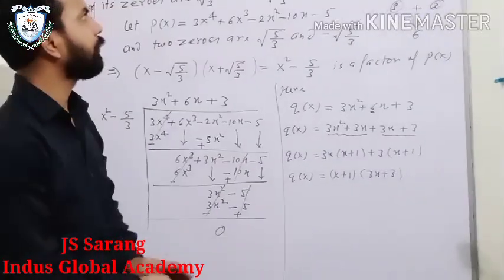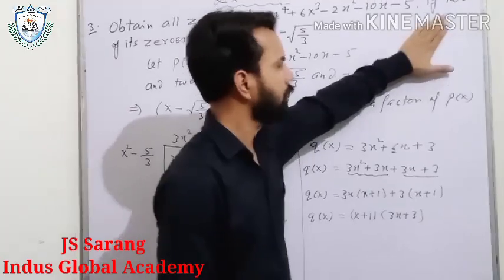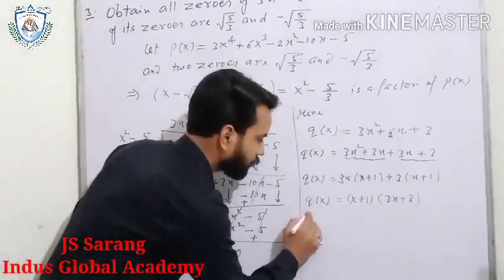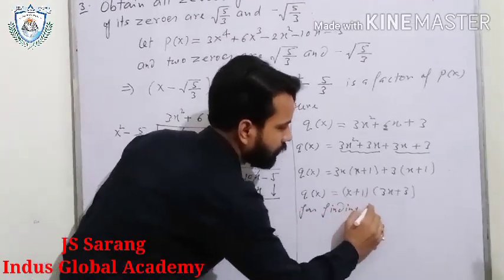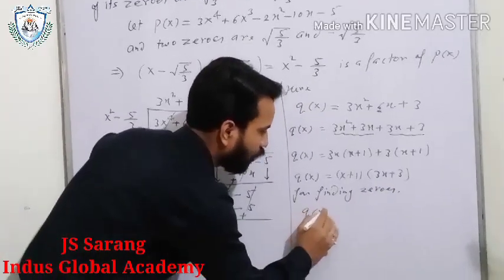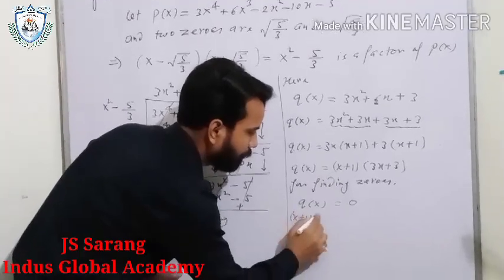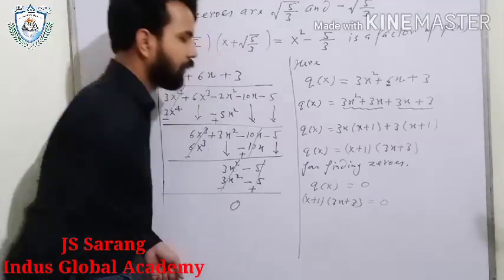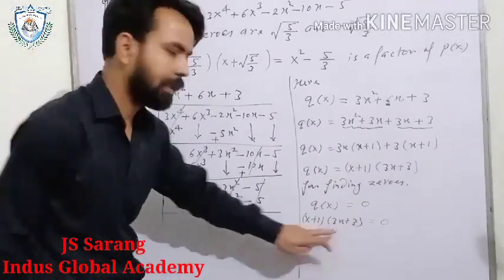Now the question is to find the remaining two zeros. For finding the zeros, we have to put q of x equal to 0. So here q of x is x plus 1 and 3x plus 3 equal to 0. So here either the first bracket is 0 or the second bracket is 0.